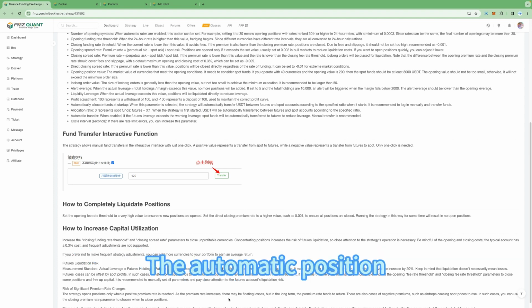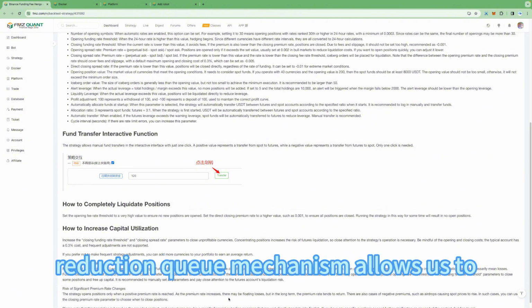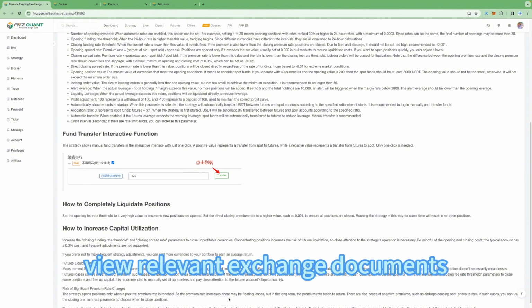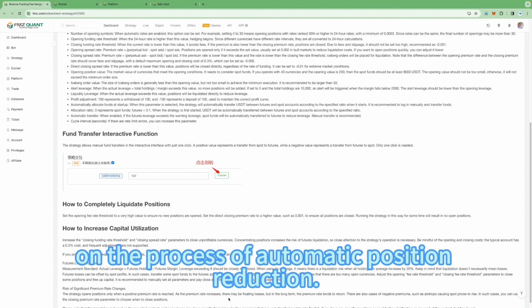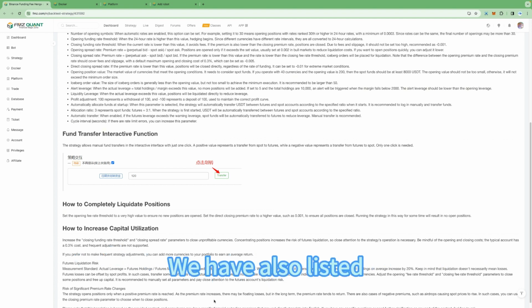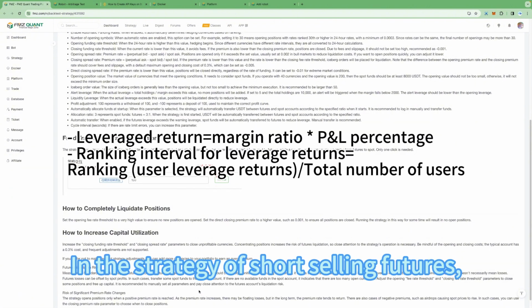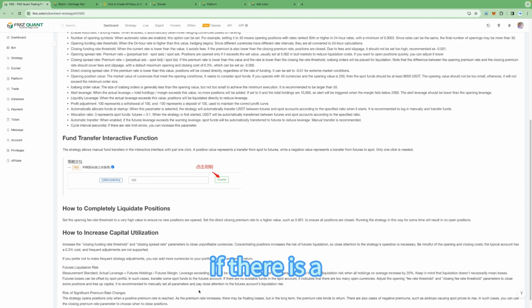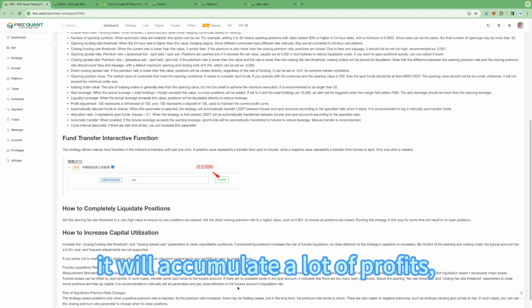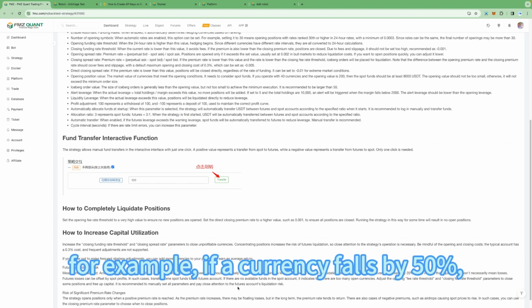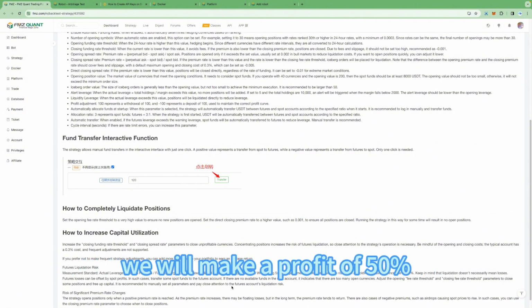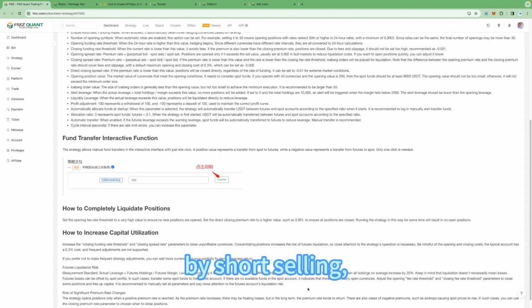For the automatic position reduction queue mechanism, we can view the relevant exchange documents on the process of automatic position reduction. We have also listed the specific calculation process in the strategy of short-selling futures. If there is a significant drop, it will accumulate a lot of profits. For example, if a currency falls by 50%, we will make a profit of 50% by short selling.